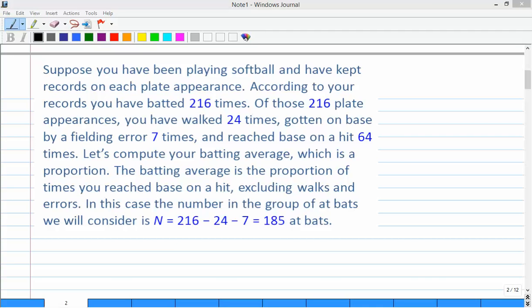Okay? So if we have 185 at-bats, our proportion P is going to be how many hits we had, 64, over the number of at-bats, 185.